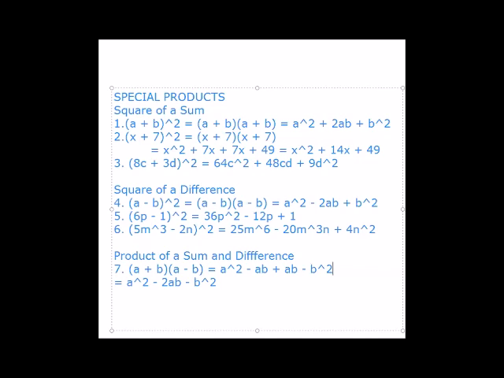So what do you think should we do next? Combining like terms, ma'am. Yes, and those are negative ab plus ab, which is equal to 0. So therefore, the terms left are a squared minus b squared.